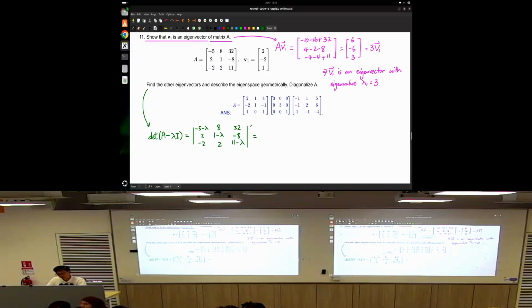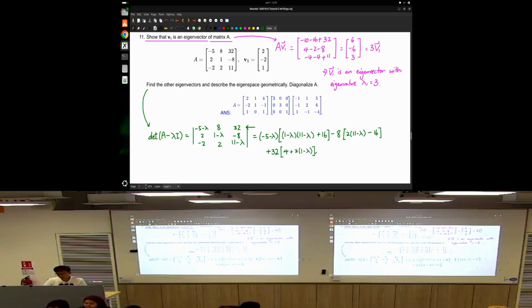Maybe I'm going to choose the first row. So it will be minus 5 minus lambda multiplied by 1 minus lambda, 11 minus lambda, plus 16, then minus 8 times 2 times 11 minus lambda, minus 16, finally plus 32, then multiplied by plus 2 times 1 minus lambda.